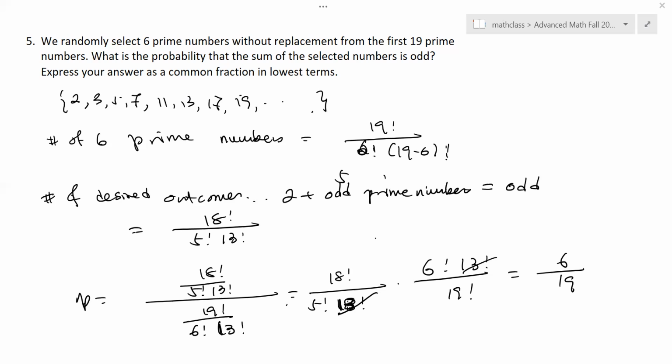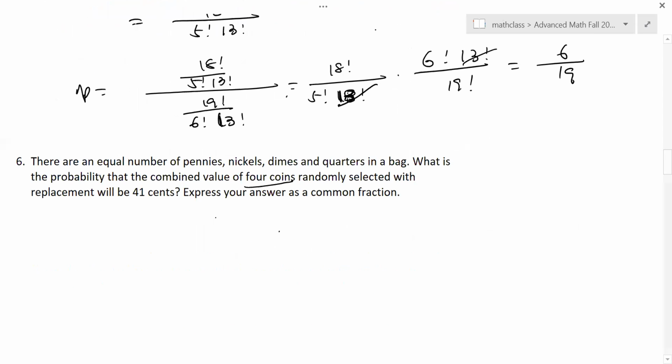All right, our next problem. There are equal numbers of pennies, nickels, dimes, and quarters in the bank. What is the probability that the combined value of the 4 coins randomly selected with replacement will be 41 cents?